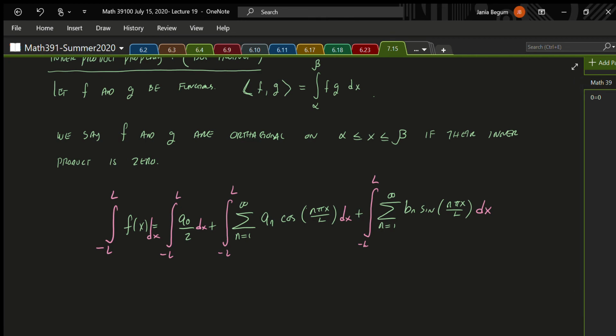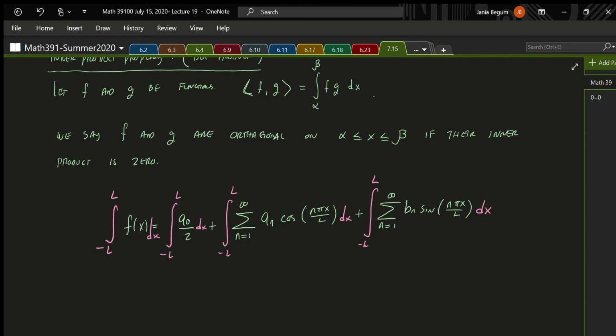So now what happens if you look at this function, sine and cosine? I'm integrating cosine of some argument, n pi x over L. That's just an argument, and you're summing over n equals 1, 2, 3, 4, 5, 6, all the way up to infinity. So just focus on one of them, say n is equal to 1.